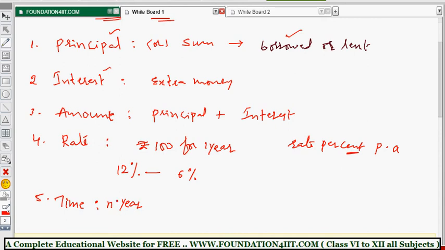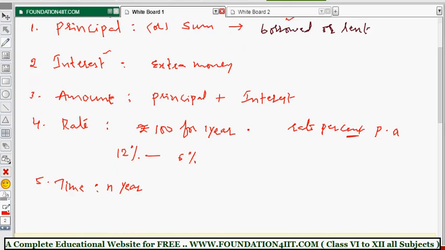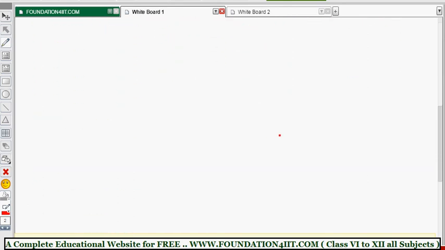Okay. These terms we already used in simple interest, and we learned simple interest problems. If you see the simple interest formula, this is already studied in class 8th. Okay, simple interest is P into T into R by 100.